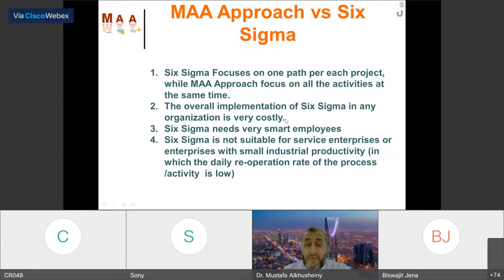So it's very suitable for all types and levels of employees, from the tea boy up to the top management.